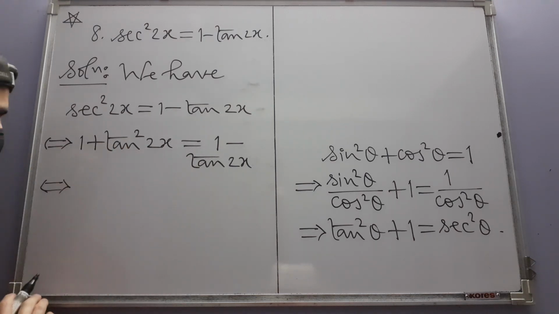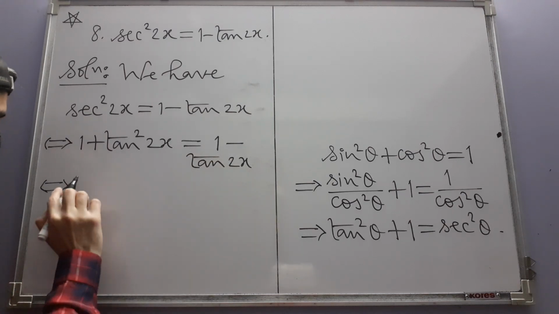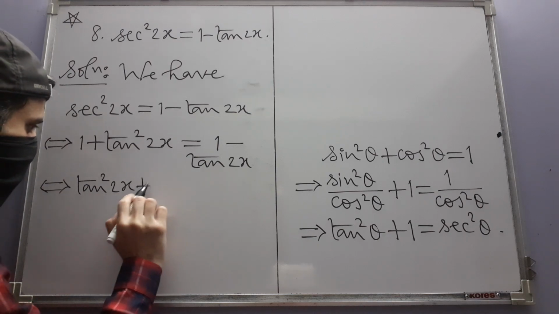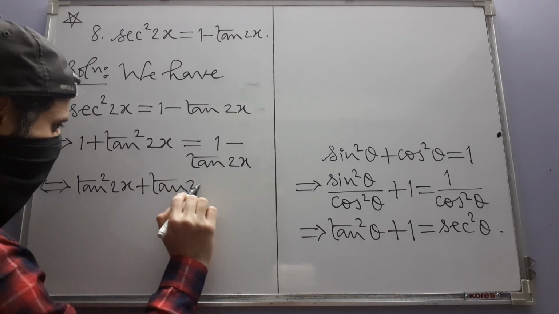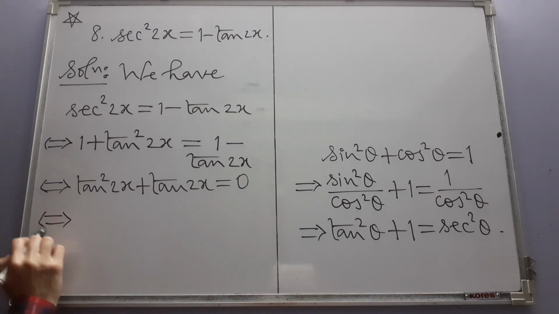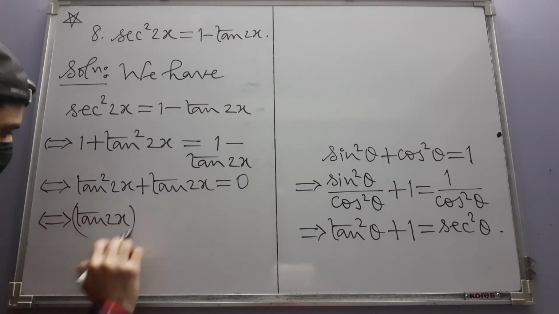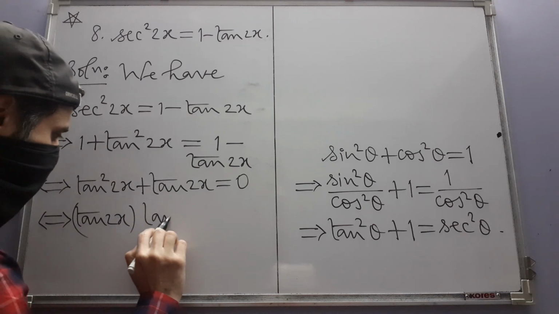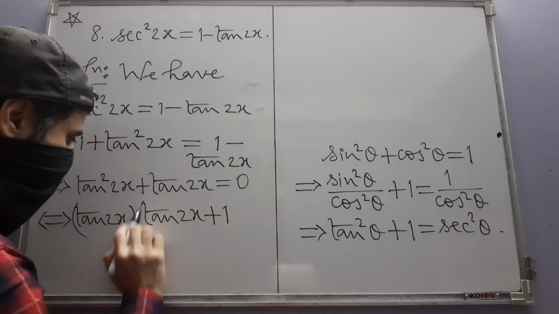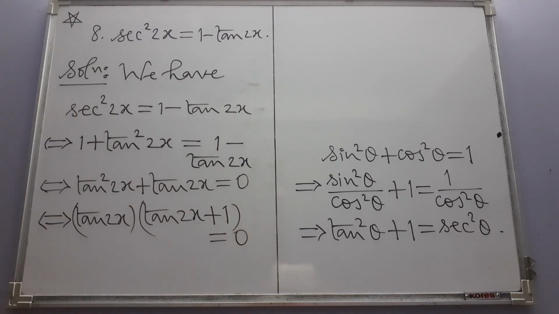So 1 gets cancelled from both sides, and if you add tan 2x to both sides, you get tan squared 2x plus tan 2x equals 0. Now it has become a simple matter, because you can take tan 2x common out, and the other factor is tan 2x plus 1, sorry. This equals 0.